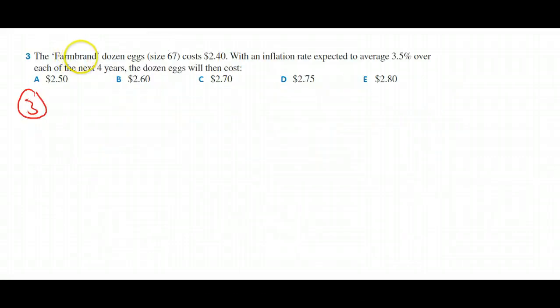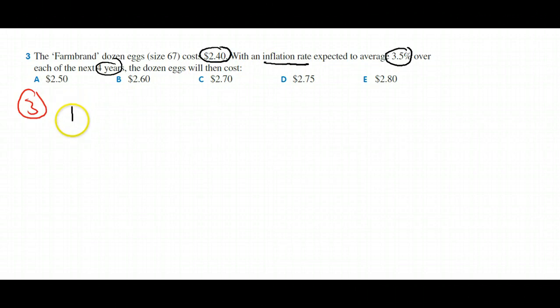Okay, in question 3 it says the farm brand dozen eggs costs this much. With an inflation rate expected to average 3.5% over each of the next 4 years, the dozen eggs will then cost... Okay, so inflation happens according to simple interest, and for simple interest we know I equals PRT over 100.